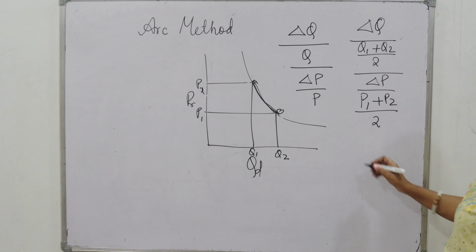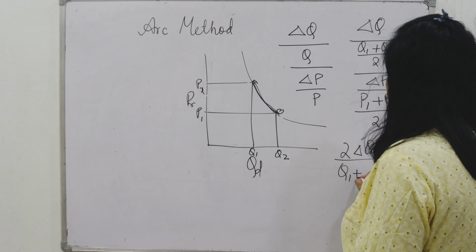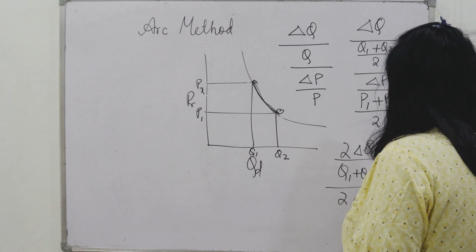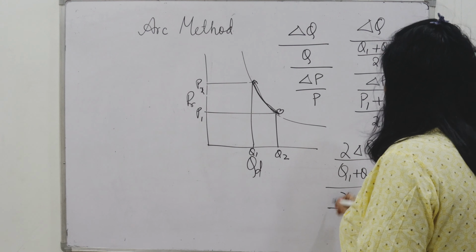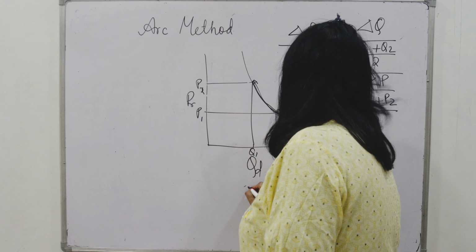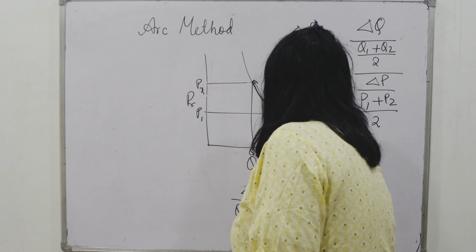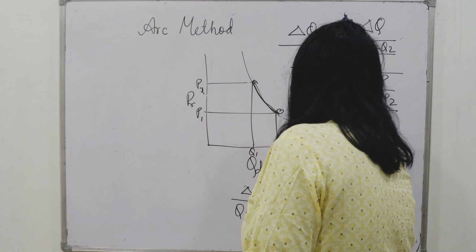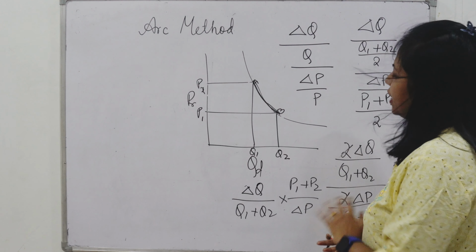Now if you reciprocate, you get 2 delta Q divided by (Q1 plus Q2), times (P1 plus P2) divided by 2 delta P. So these two get cancelled. So ultimately you get elasticity equals delta Q divided by (Q1 plus Q2), into (P1 plus P2) divided by delta P. So friends, this is about the arc method.